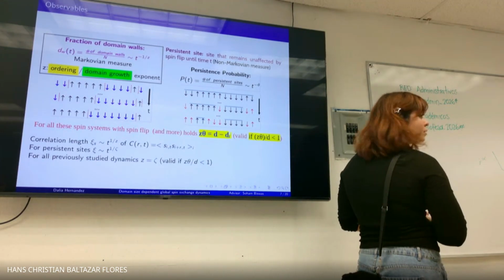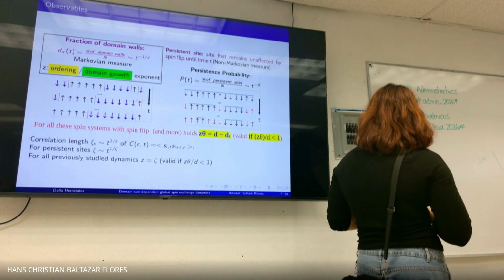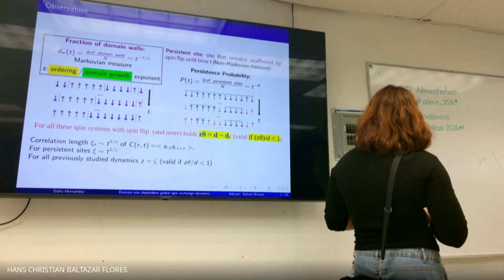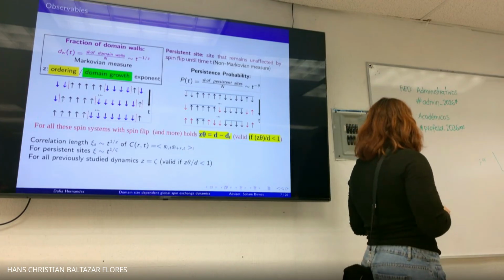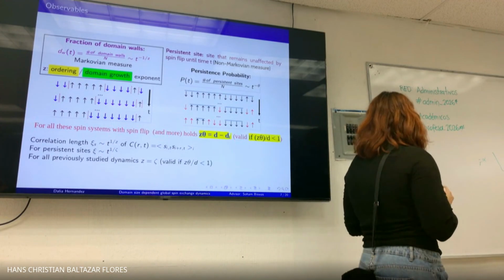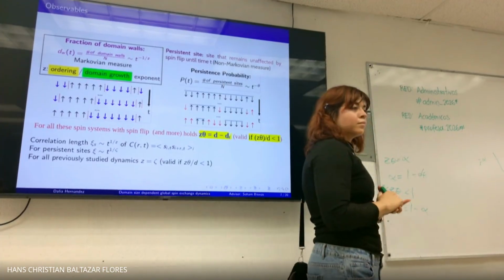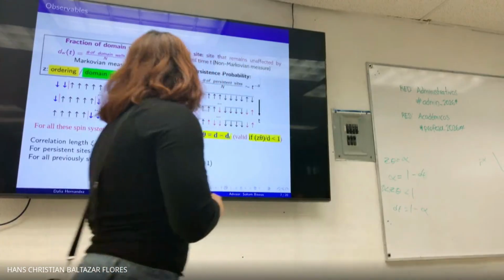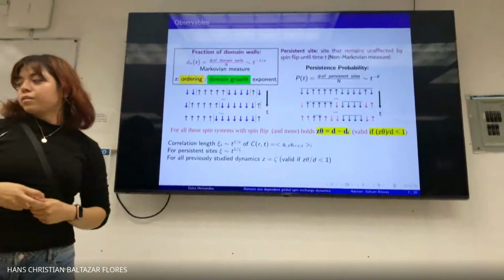Yeah, that's right. d_f should be 1 minus theta, right? And that's what is violated. Yes, we wrote it right. If theta is bigger than 0, you have Z times theta larger than 1, and that's why it cannot be. Yes, this is why we cannot take Z as the exponent.